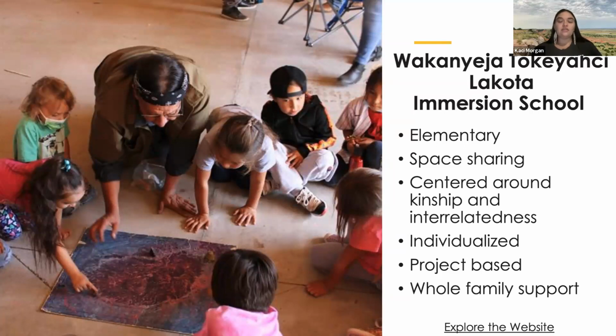This example is a Rosebud Sioux Lakota immersion school. It's an immersion elementary school that has a space sharing agreement with the Boys and Girls Club of Rosebud to use their facility. Part of their sharing agreement stipulates that the school has access to a large classroom space, a commercial grade kitchen, a large gym, a multimedia space, and a library room.